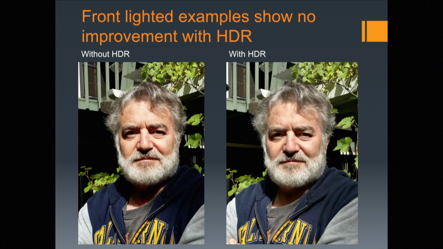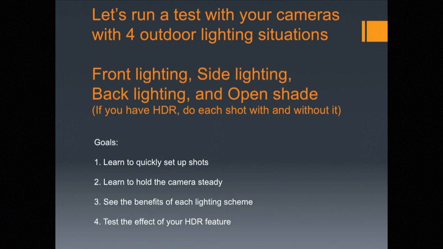Okay, so we're going to run a test with your cameras with 4 outdoor lighting situations: front lighting, side lighting, back lighting, and open shade. And if you have HDR and you want to see whether it helps, I would do a shot with HDR on, do the same shot with HDR off.